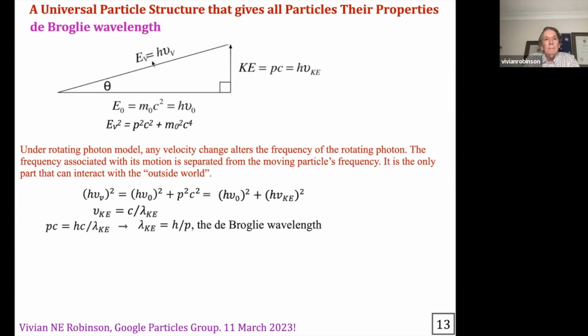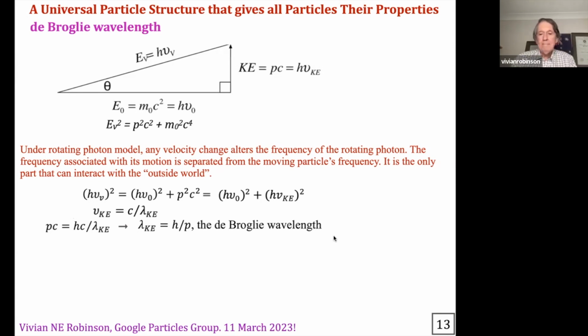When it has kinetic energy, its frequency changes from ν0 to ν, given by the relationship that E² plus p²c² equals m0²c⁴. The kinetic energy is pc equals hν. You can just go directly from there to here. pc equals hc over λ, gives λ equals h over p, which gives you the de Broglie wavelength.